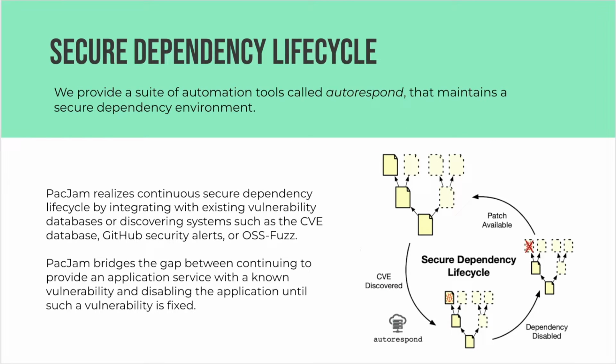PacJam enables continuous security dependency lifecycle by integrating with vulnerability databases or discovering systems such as CVE databases, GitHub security alerts, or OSS files. Although the initial debloating improves security by preventing zero-day attacks in removed packages, new vulnerabilities in previously safe packages could continue to be discovered.